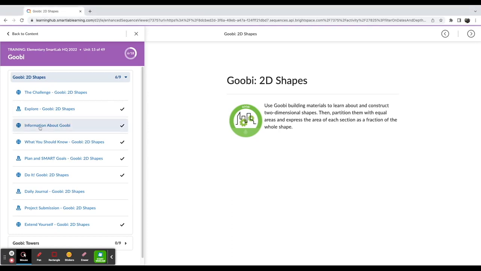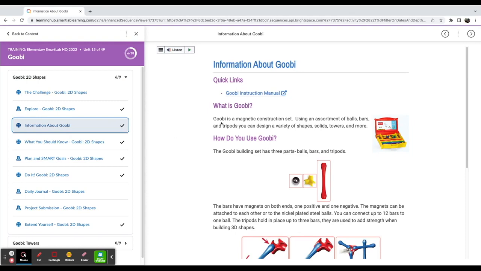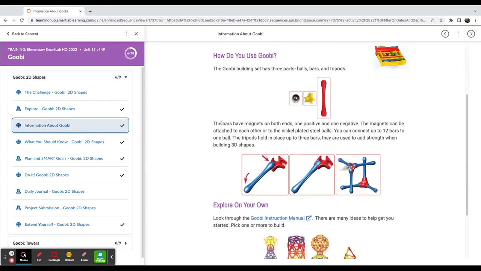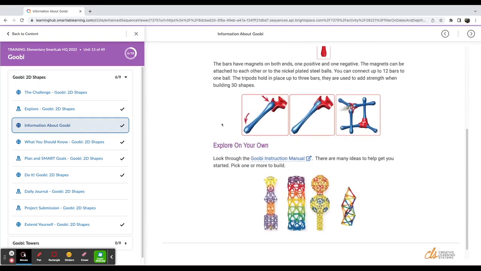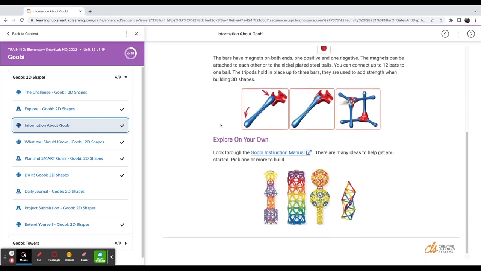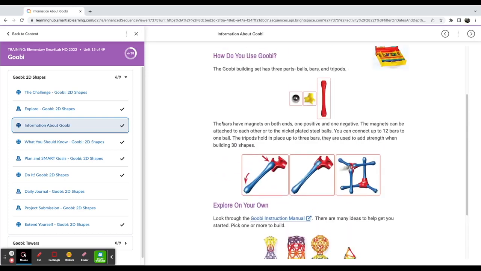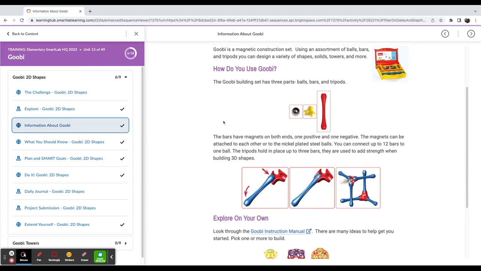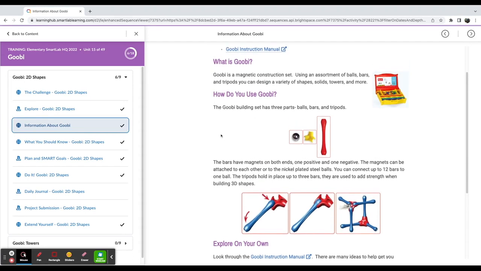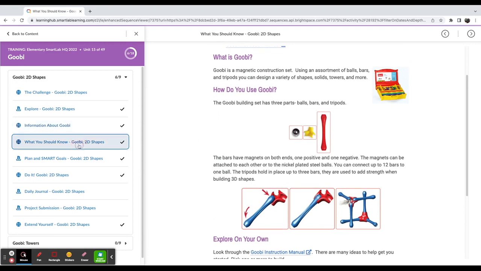The information about page utilizes the technology and goes over important features of the technology and the correct vocabulary to use while utilizing the kits to ensure students discovered everything that they needed to know during their explore portion of the SmartLab learning process.